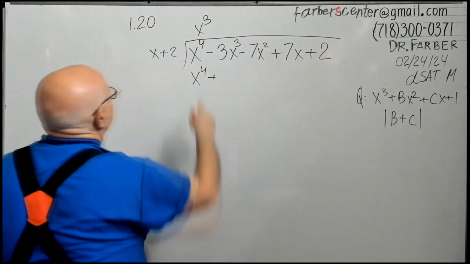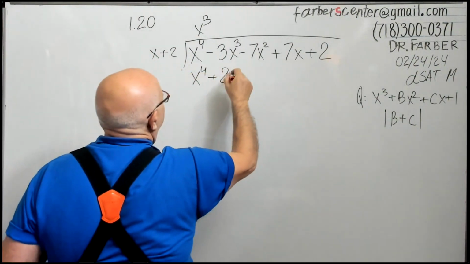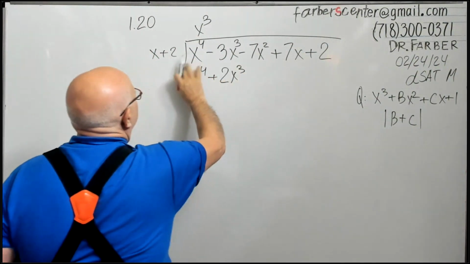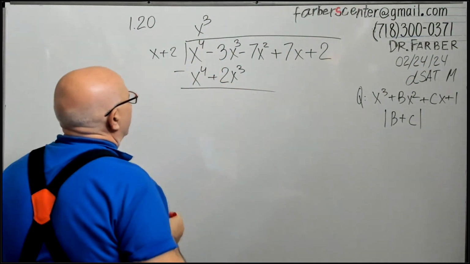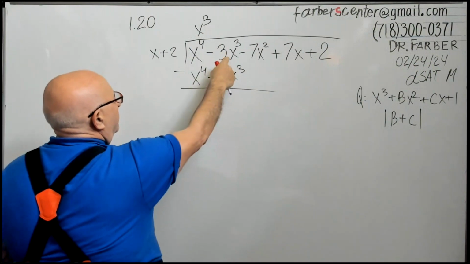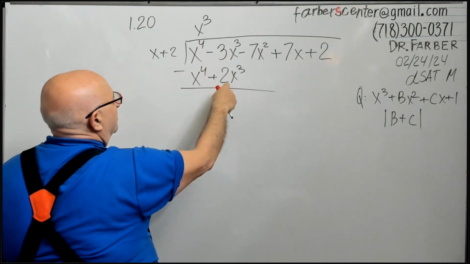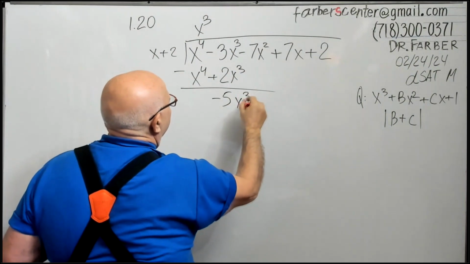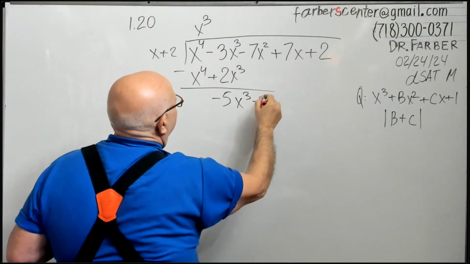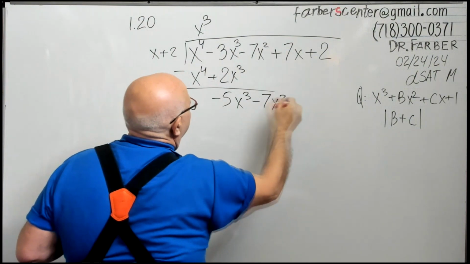Okay, plus 2x cubed. Like you do long division. Cancel out this one. Negative 3x cubed minus 2x cubed would be negative 5x cubed. And bring down negative 7x squared. So far, so good.